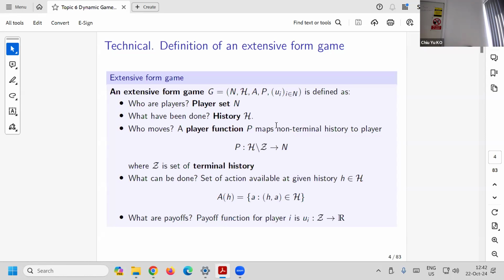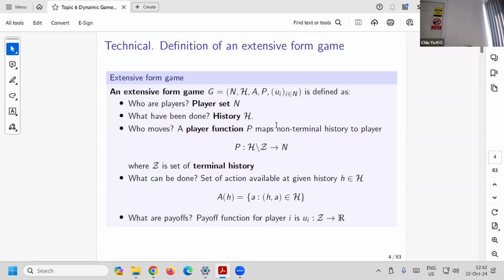So now we have much more, because it has to depend on what can be done. Okay, so first, the player set N, that's no problem. The second one would be the set of possible histories. So what might have happened, right? Because this time timing matters, right? So what are the contingencies? What can be there? It will be the set of histories, right?